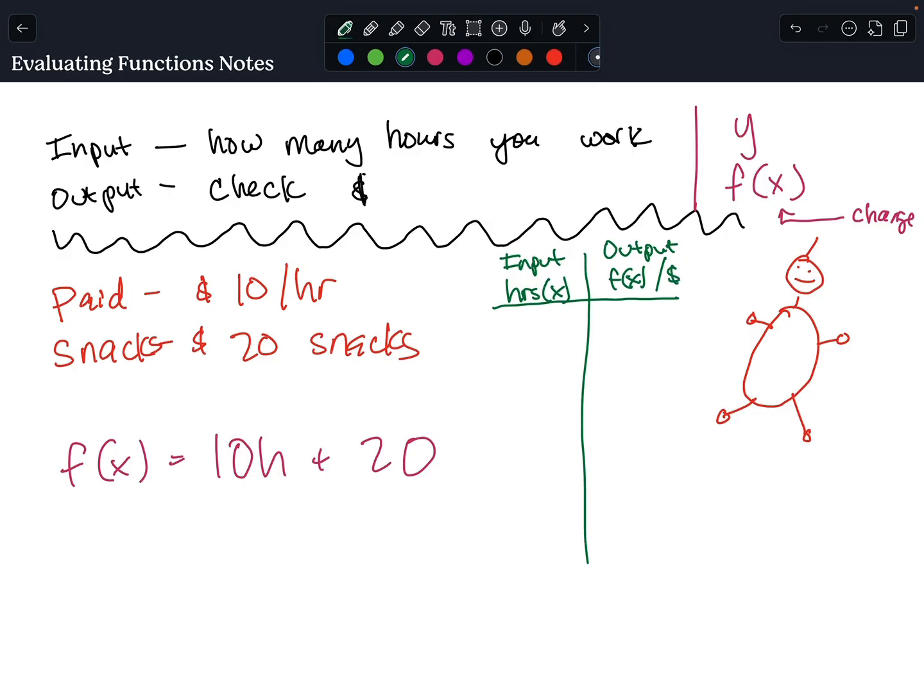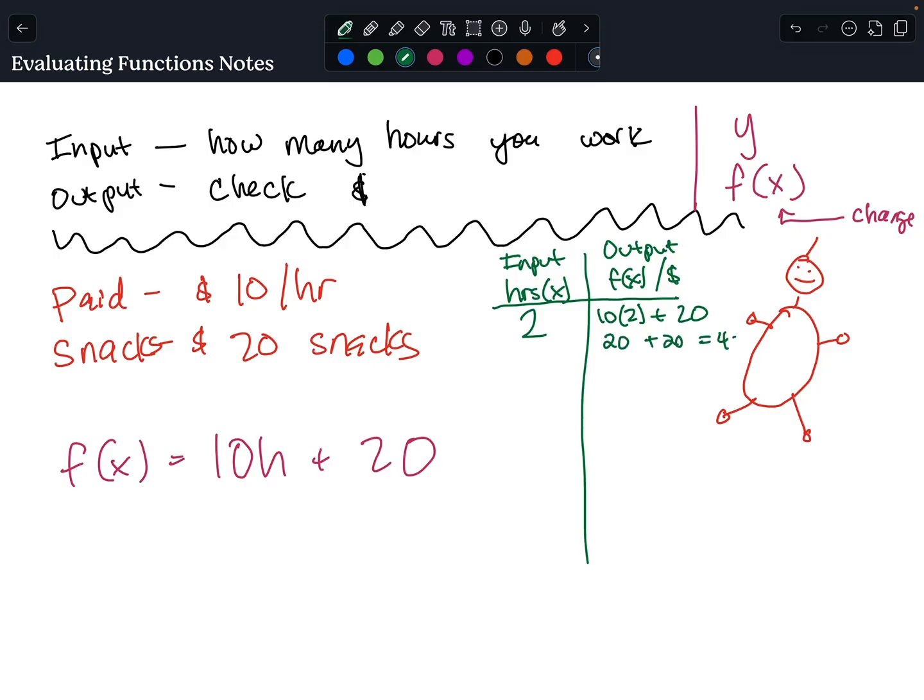Okay? Let's say, hypothetically speaking, you work 2 hours. How much money are you going to get? Well, you're going to get your $10 an hour times 2 because you're going to get 2 hours, plus you're going to get your $20 for snacks. That's going to be 20 plus your other 20.